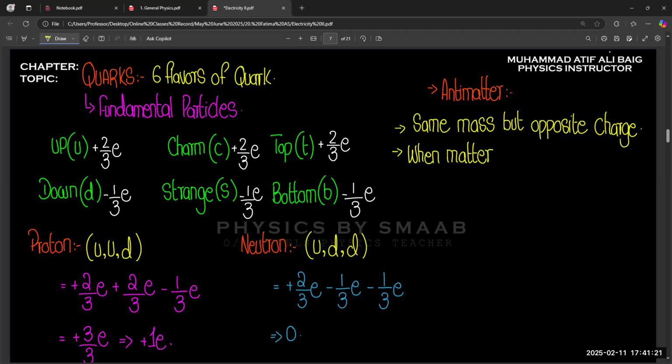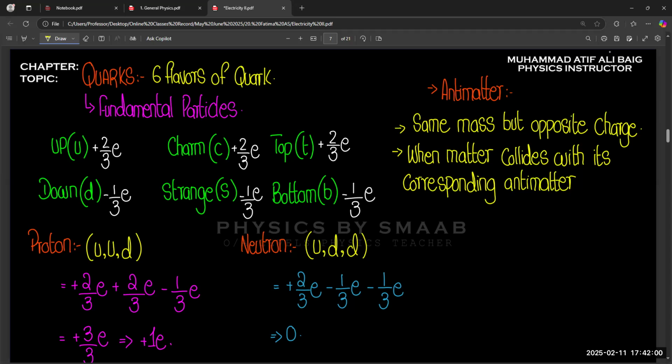So in the same way, when matter collides with its corresponding antimatter, they annihilate each other.